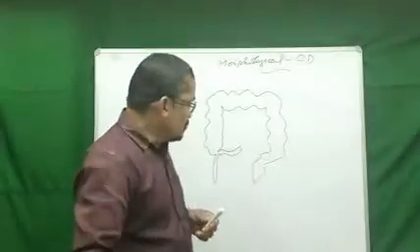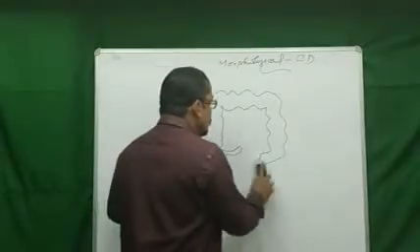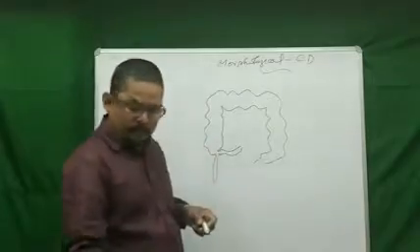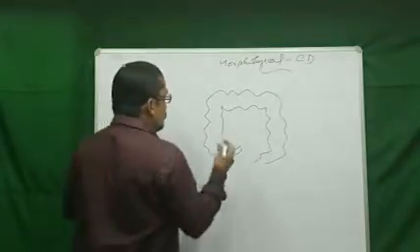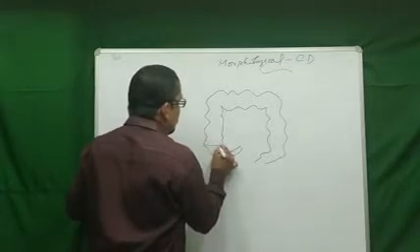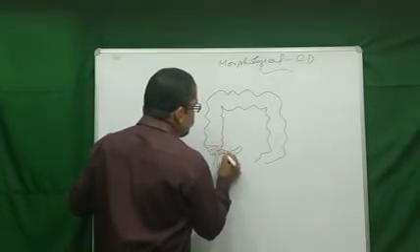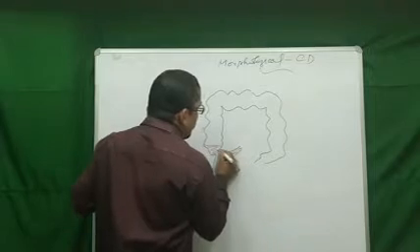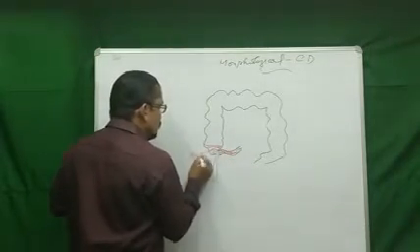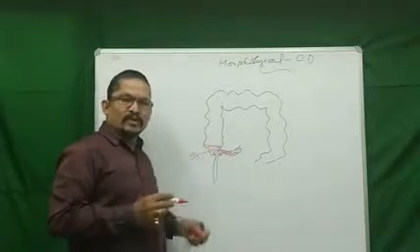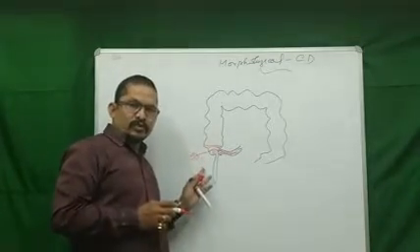But in case of Crohn's disease, you can see most of the patients with Crohn's disease have involvement of the terminal ileum. That means about 50% of patients will have involvement of the terminal ileum.